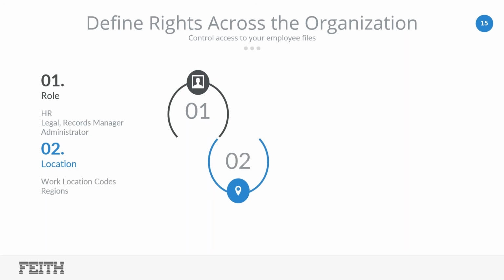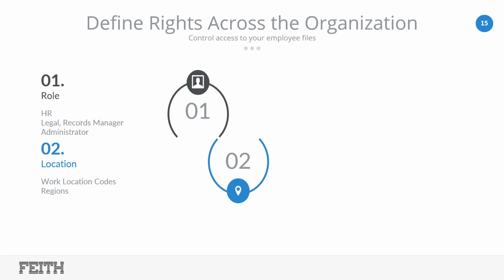The second kind is giving people access based on their location. You may say we have an HR person at a specific location, and they would only have access to documents at that location. That's pretty common, and we see that in some of our implementations as well. The location-based rights can be based on your traditional groups and roles, but the way we've done it in the past is that the location is part of the metadata of the document.